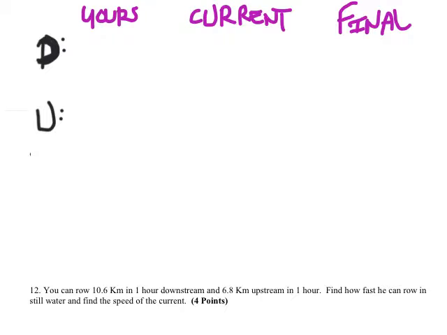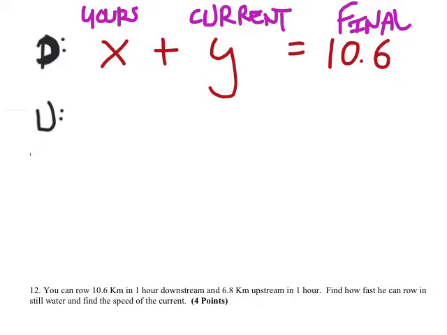So if you're going downstream, you're going to take your speed, which we don't know, x, and we're going to add the current speed, which is going to help us to go faster, y, we'll say, and that'll tell us the final speed, which is 10.6 kilometers per hour. So your speed will be in kilometers per hour, and so will the current's.